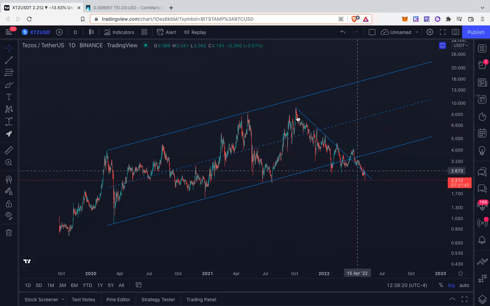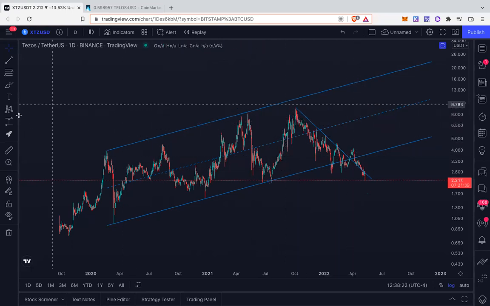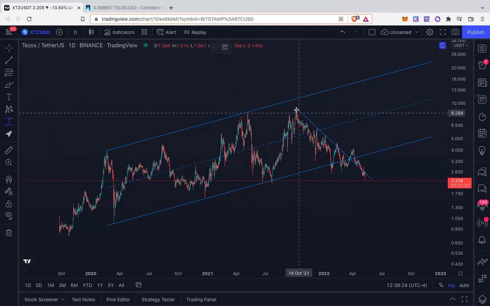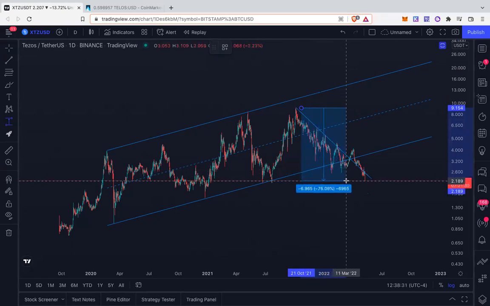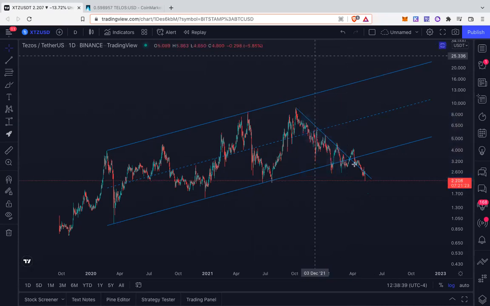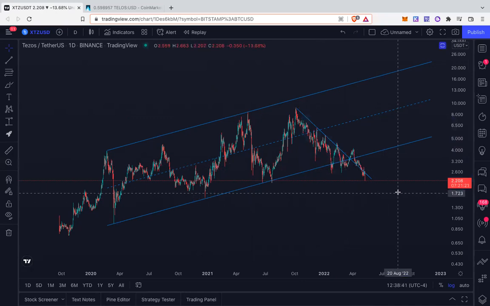And ever since October 2021, you've been in a downtrend. You broke out of it temporarily, a false breakout. You're back in that downtrend, and you're down 76% since. Like I said, 170 is probably the next target before you get any type of bounce.